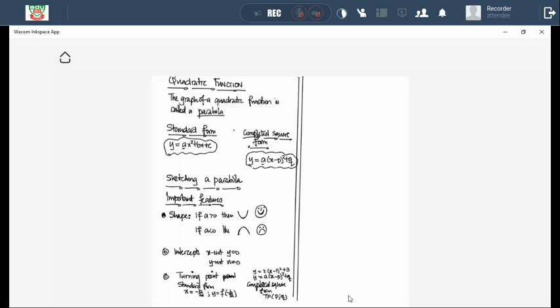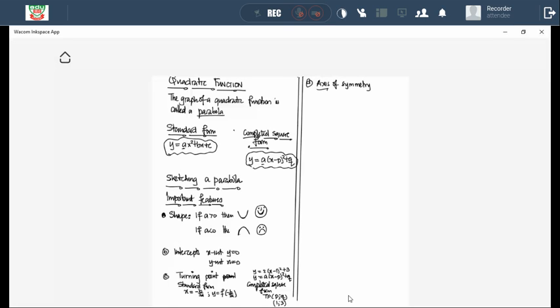So the turning point becomes just (1, 3). Okay, we are going to go through that. We are going to explore on that. Very important. The next one, D, the last one, is called the axis of symmetry.